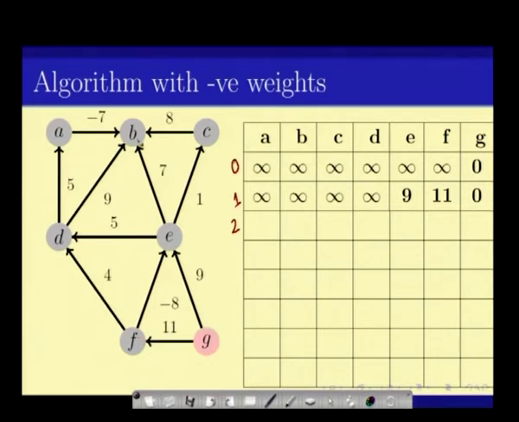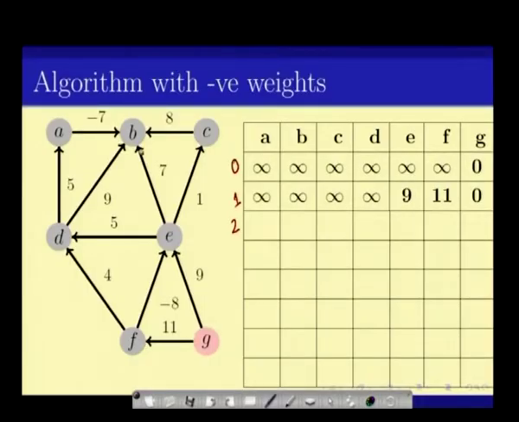But for example, say B, what is the shortest path of length 2 from G to B? Right now infinity claims that there is no path from G to B using length 2, but we can have a path of length 1 from G to F, but from F to B I do not know how to go. So, no good.